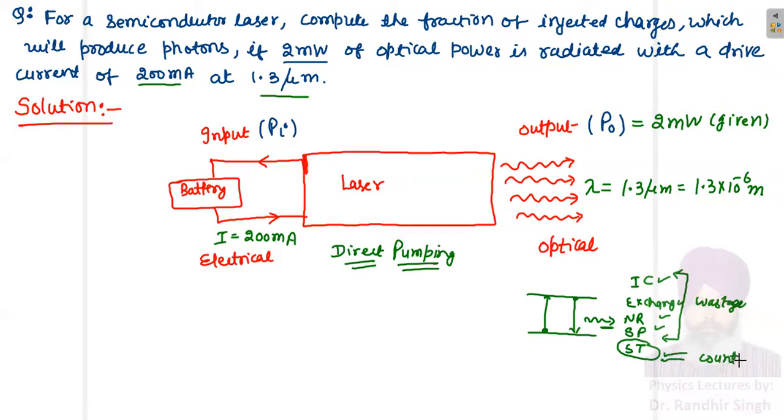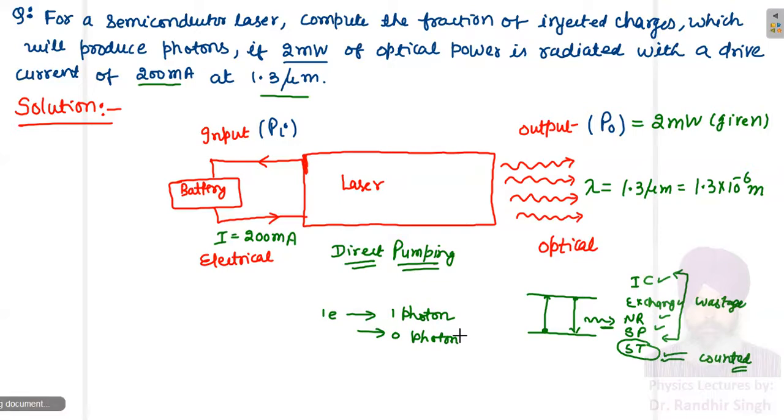So what you can learn from this explanation is that one electron can give one photon if it gives laser action, or it can give zero photons if it is used in internal conversion, exchange energy, non-radiative or spontaneous emission, because in that case it will not give stimulated emission.